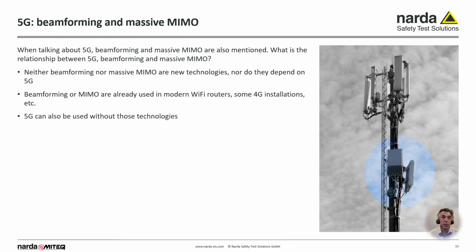But as I mentioned, massive MIMO is a new technology, but does not depend on 5G. So we will have a lot of 5G installations not using massive MIMO antennas. For example, all applications below a gigahertz. We have a lot of installations at 700 megahertz, for example, for countryside propagation.